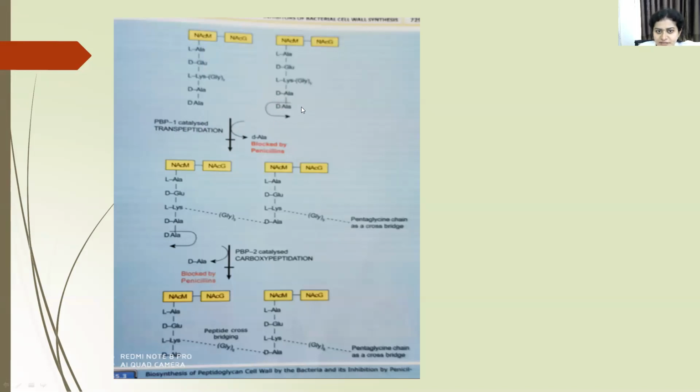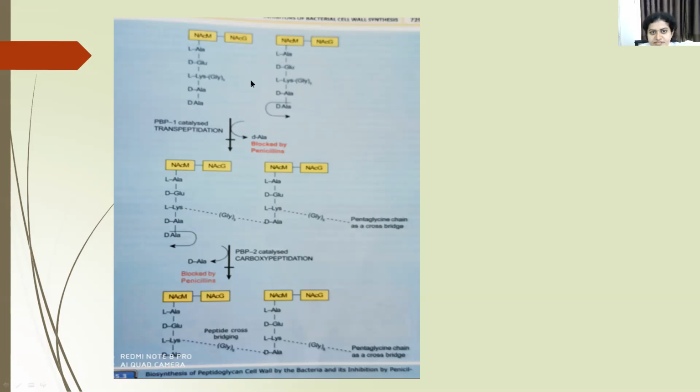It removes the terminal D-alanine side chain, and then the remaining D-alanine, that is 1, 2, 3, 4, goes and binds to the L-lysine of the other peptide chain. How does it bind? Through the pentaglycine chain, it's a cross bridge, that is glycine 5. So this is a pentaglycine chain.